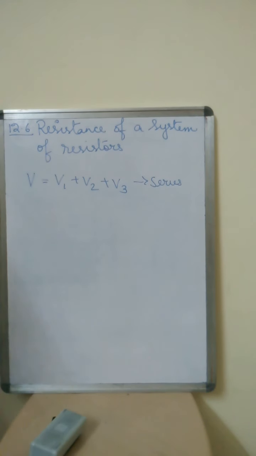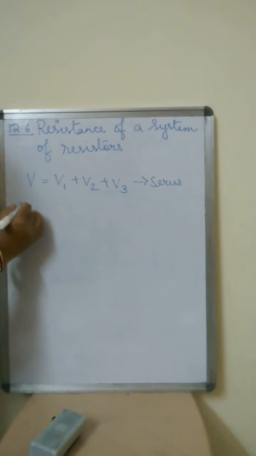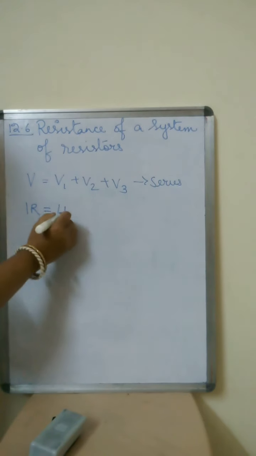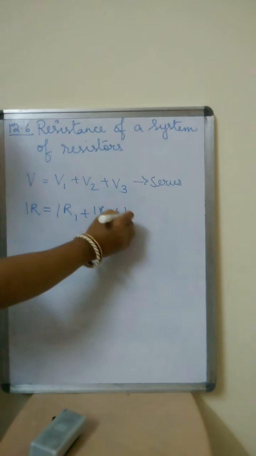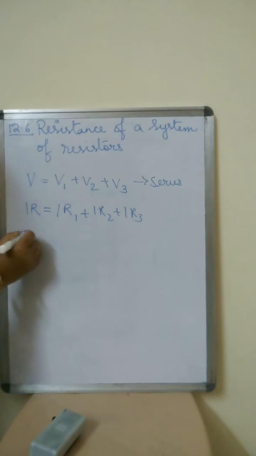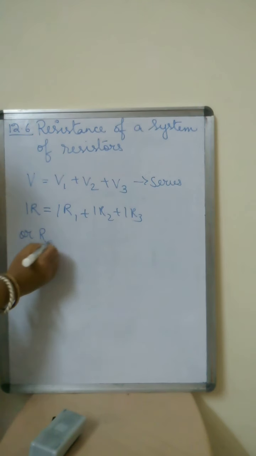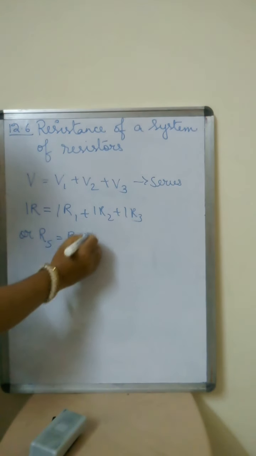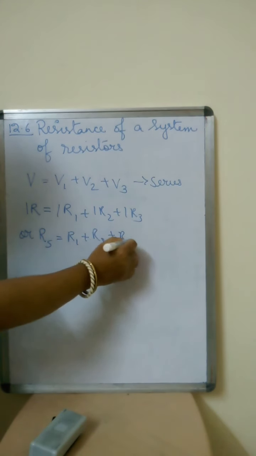Now, when we apply Ohm's law, we get R1, R2, R3. We can write it as RS, since it is series, so I am writing S here. RS is equal to R1 plus R2 plus R3.